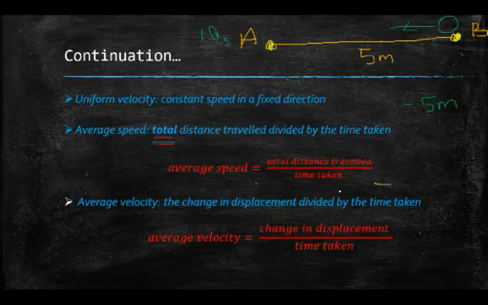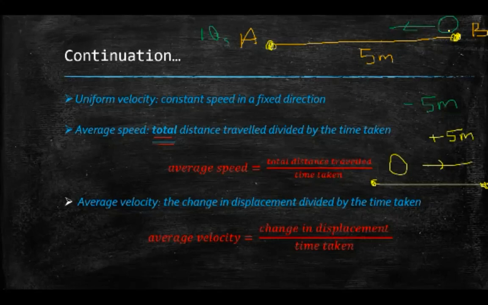Before, I had my point A, my point B, I had my car, and it was moving to the right. So my displacement was positive 5 meters. The magnitude is 5 because that's the total distance from A to B. And because I'm going to the right, my direction is positive. Not here. In this case, I'm going from B to A. My magnitude is still 5 because the distance between A and B is still 5.